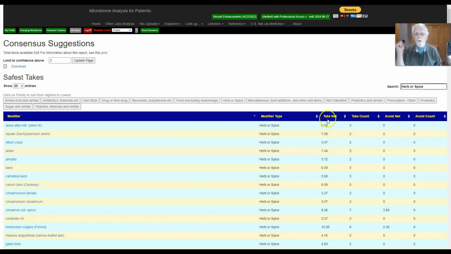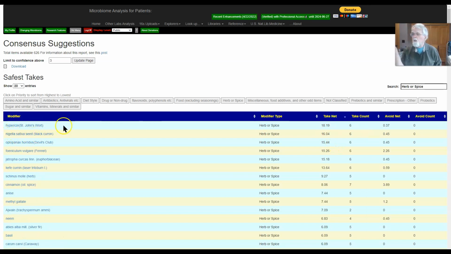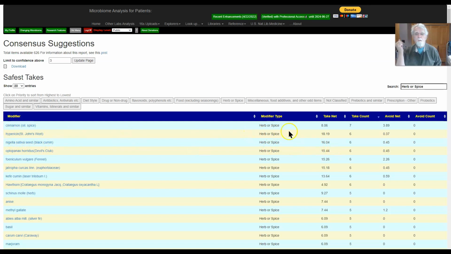is there. So what we can do is, what item has the best benefit? St. John's wort, black cumin, devil's claw, and you can go down, and the take benefit and avoid benefits there. The take count is how many of the suggestion lists this particular item appears in. We could see one item comes in more often suggested, which is cinnamon, but here's the catch.